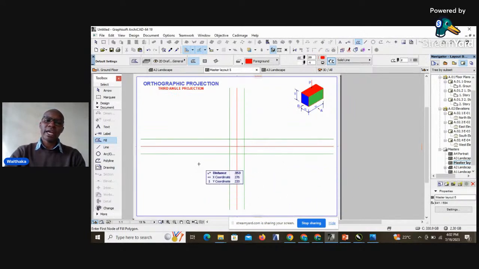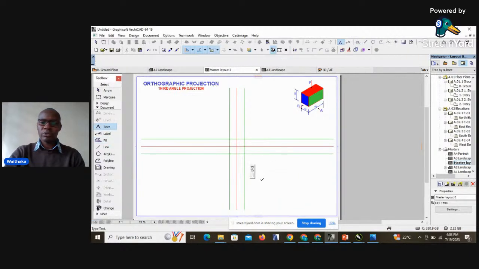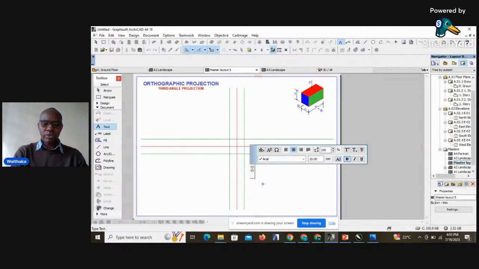Then we'll have our end view in this quadrant, because we've said that the end view does not change. It will remain to the left of the front view. So we have our front view here, we have our end view here, and then we said the plan is always projected above the front view. So maybe I can just denote that so that we are able to follow. At this quadrant, we'll have our front view.